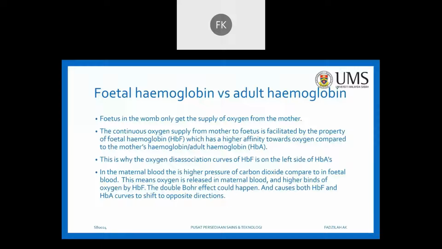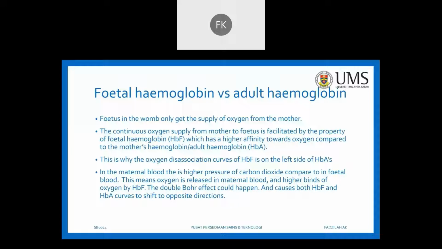The continuous oxygen supply from mother to fetus is facilitated by the property of the fetal hemoglobin, HbF, which has a higher affinity towards oxygen compared to the mother's hemoglobin. Mother's hemoglobin is adult hemoglobin. Fetus hemoglobin is fetal hemoglobin. Fetal hemoglobin has a higher affinity towards oxygen compared to the mother's.